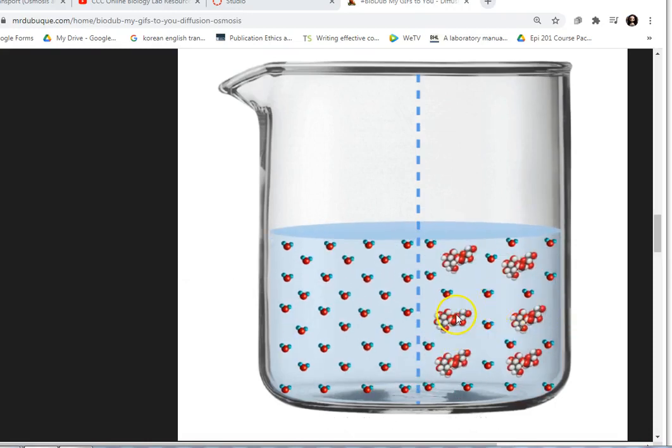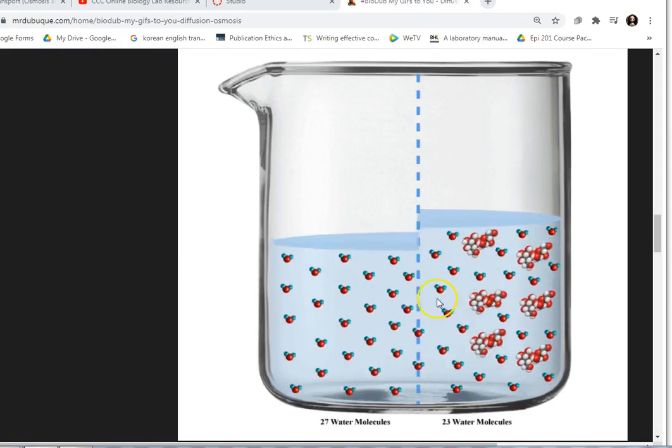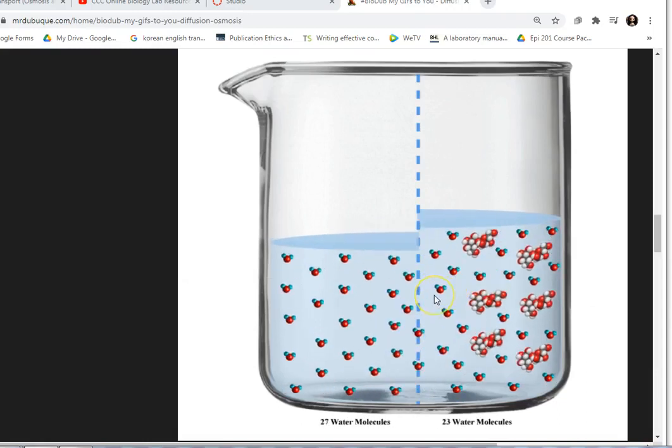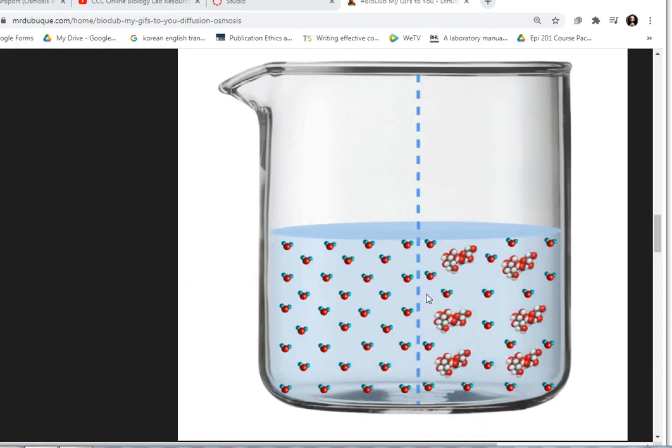Now, since the sugar molecule, or the glucose, cannot pass through the semi-permeable membrane, and the two compartments are somewhat connected to each other, it would want to equalize its concentration.